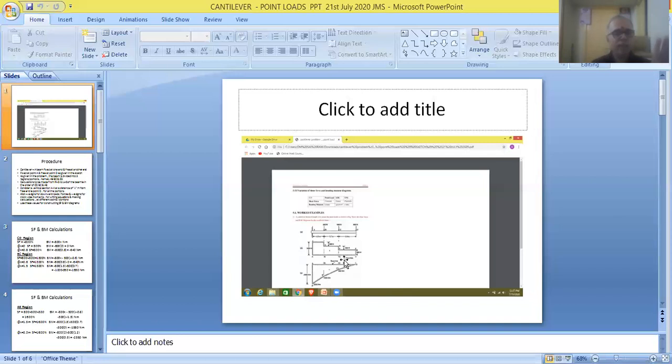So we are getting all positive figures for shear force values and all negative figures for bending moment values. And friends, this is the baseline. You can see the baseline for the SF diagram, and this is the baseline for the bending moment diagram. All the values of shear force are positive, therefore all these values are plotted above the baseline.